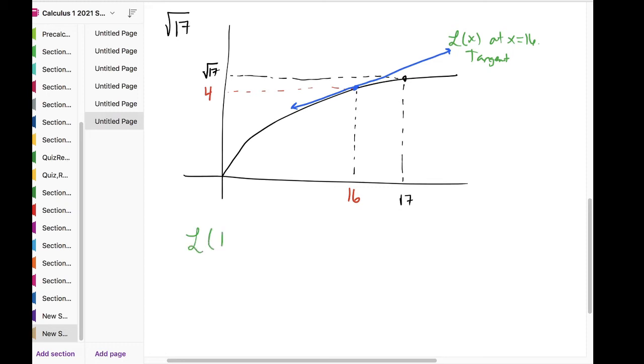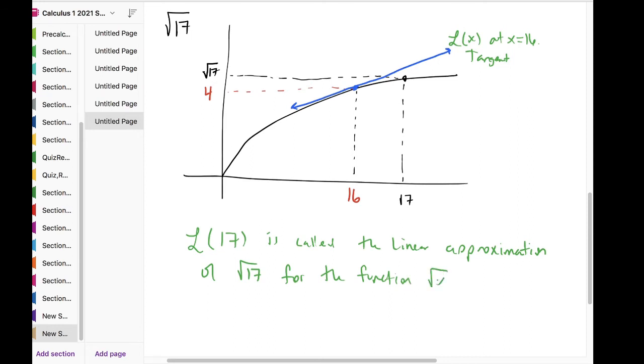L of 17 is called the linear approximation of radical 17 for the function radical x centered at a is equal to 16. So those are just words, but we'll say why we're choosing 16 in a moment.